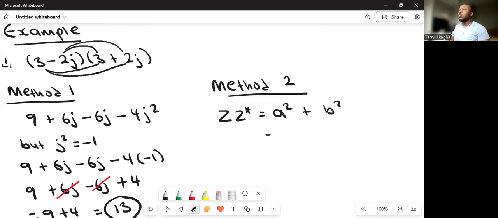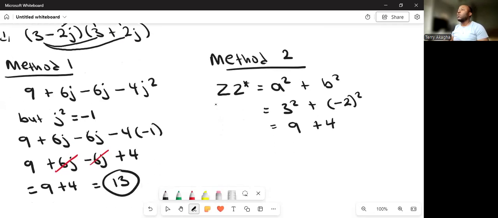So A here is going to be 3 squared, plus B here is going to be 2 or minus 2, it does not really matter, okay? Then it's going to give us 9, plus 4, because minus 2 times minus 2 is going to give us plus 4.